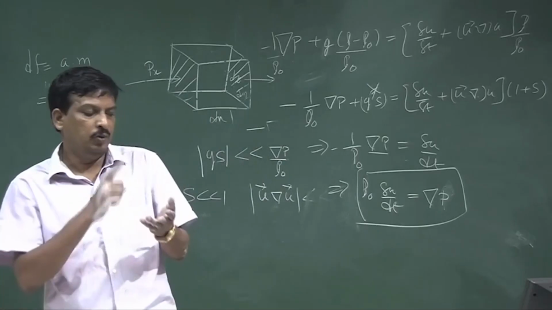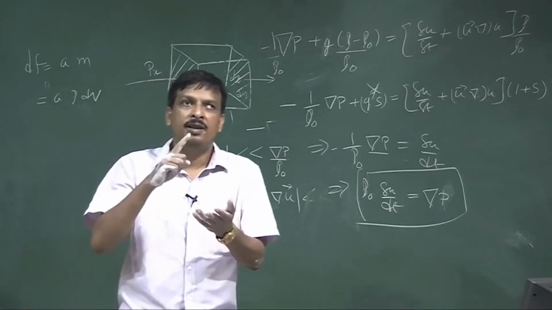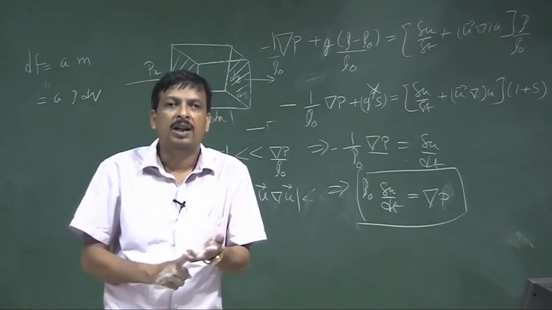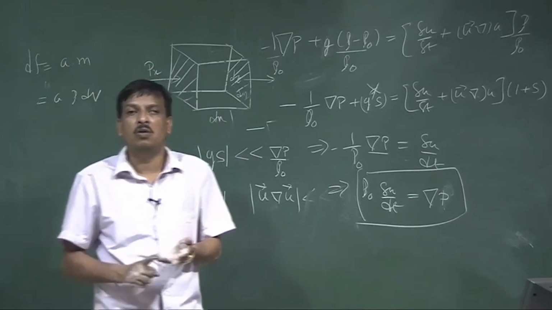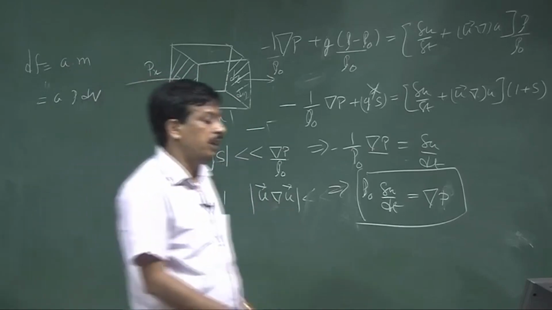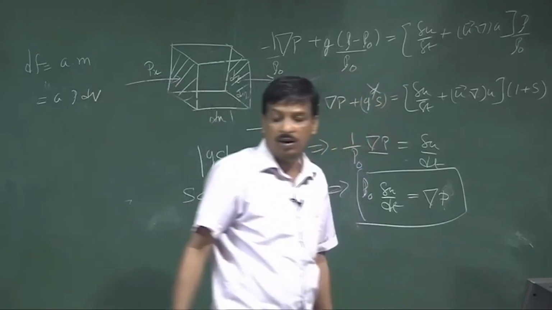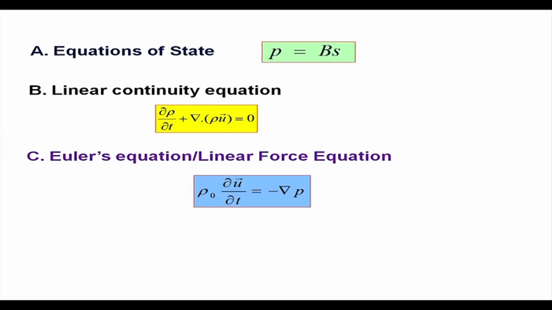So, I get equation of state, I get equation of continuity, and I get equation of force. So, these three equations if I write, what are the three equations? I get three equations: equation of state, equation of continuity, and equation of force.